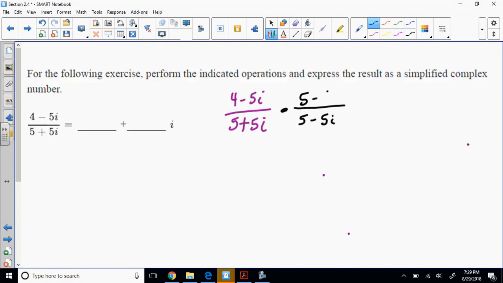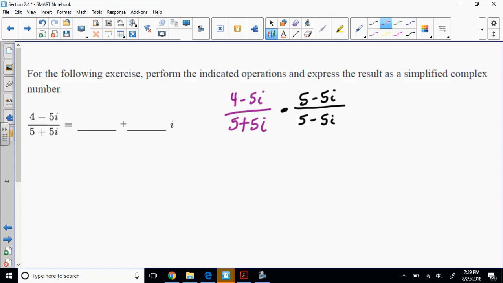The conjugate's whole purpose is to create a situation where that particular component goes away. If you look at that denominator, you'll see that it is a difference of squares, right? Same numbers, just different signs. So we know the middle term, which would have an i, would go away. So not only do we have an opportunity to multiply one time, we have an opportunity to multiply twice. Yay us.